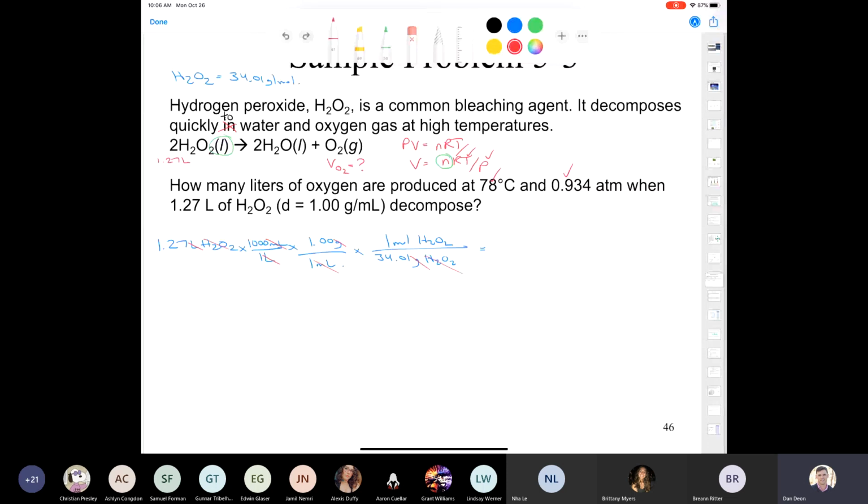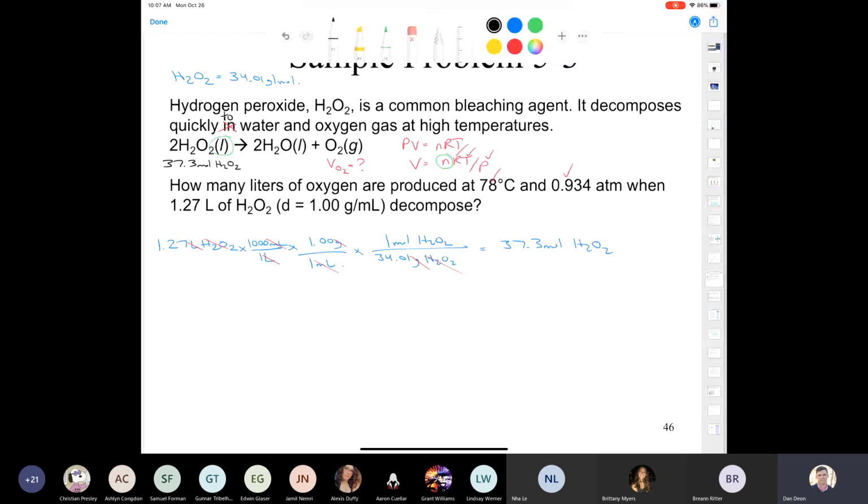So again, I solved for the number of moles of hydrogen peroxide, and I got 37.3 moles of H2O2. So now, instead of writing down 1.27 liters, I can erase that and say I'm actually starting out with 37.3 moles of H2O2.